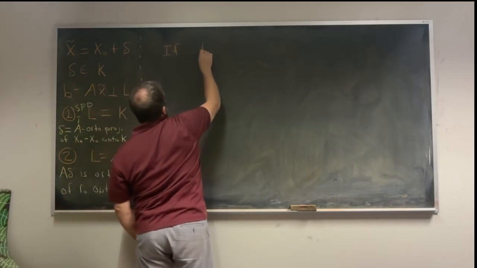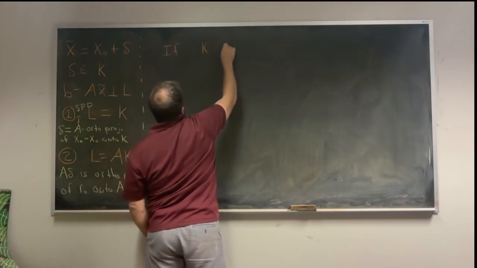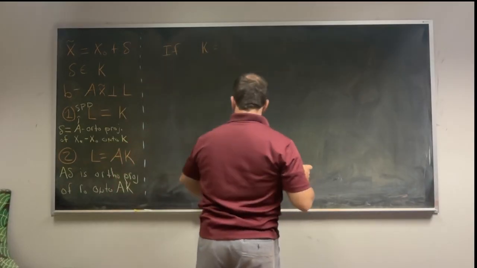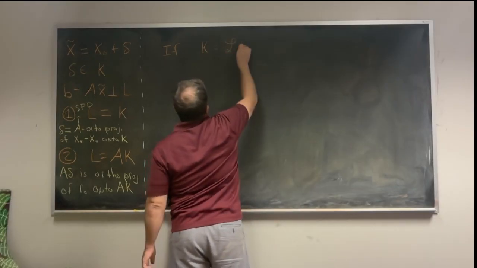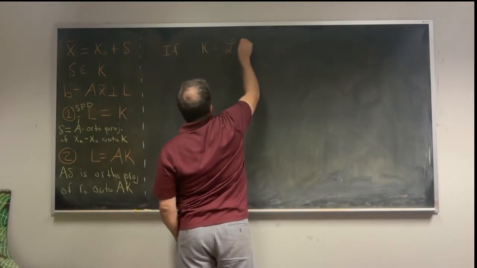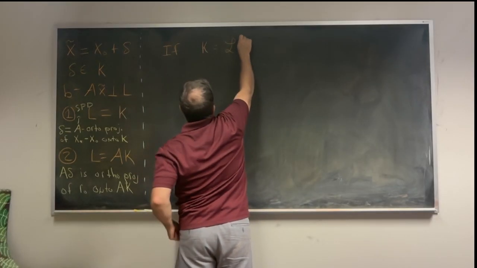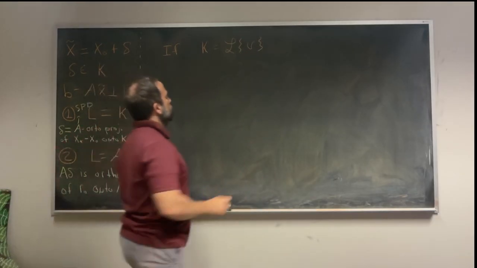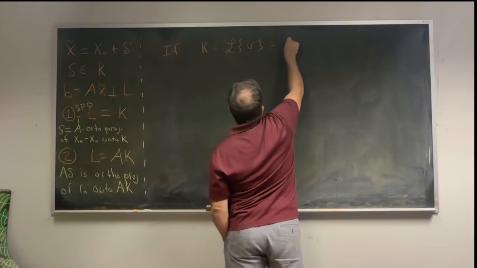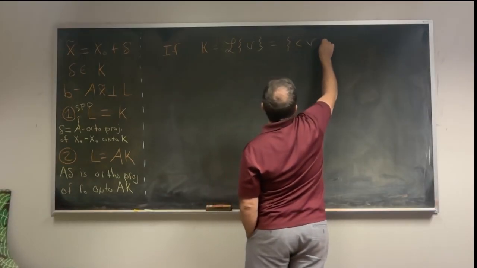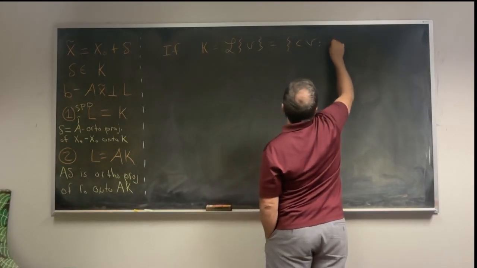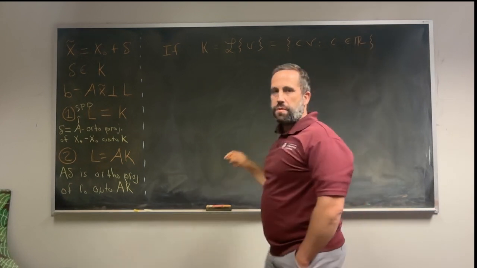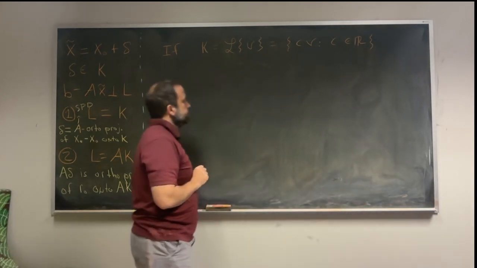If K is just the linear span of one vector, this L is not this L, this is the fancy linear span L, in other words, all C times V such that C is a real number or complex number, but for us we're dealing with real numbers.